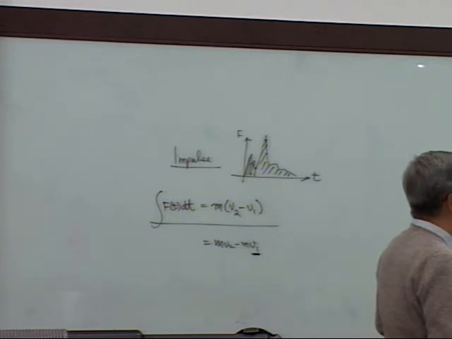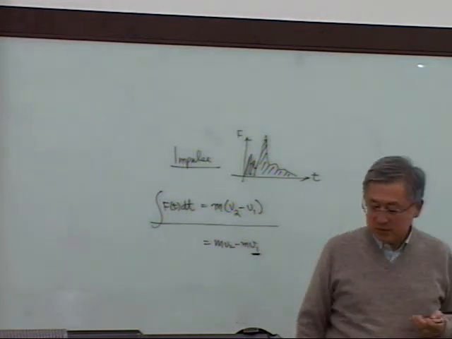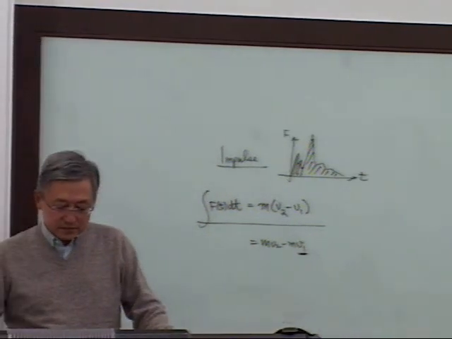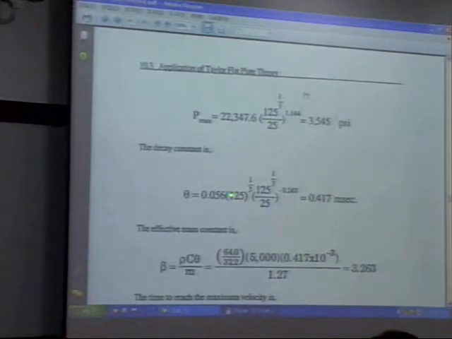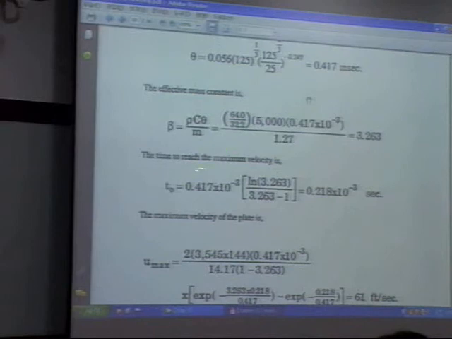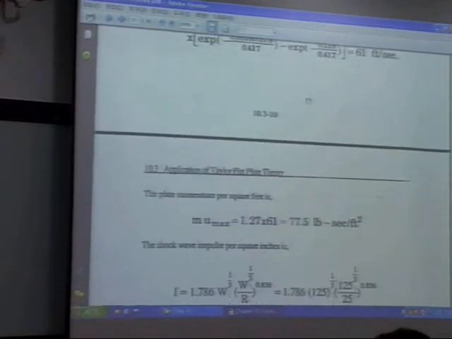And you all know why. If shock wave pressure, you compute the shock wave and decay constant, and you compute the data, then T naught, then U max.